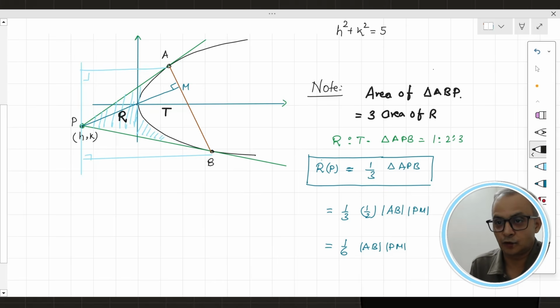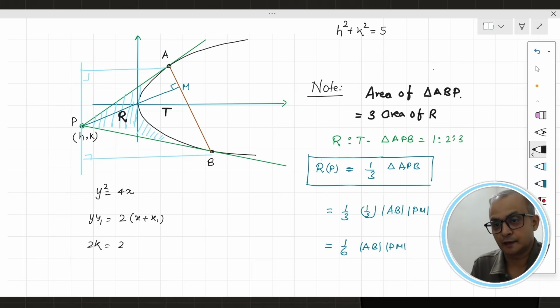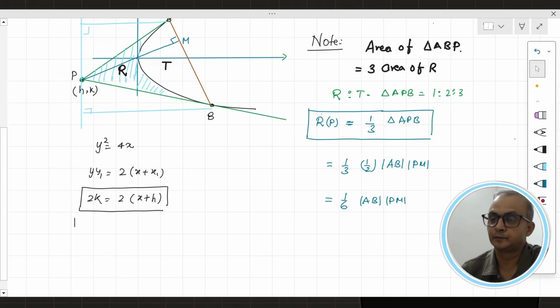The equation was y square is equal to 4x. So what I write? y1 and 2 times x plus x1. And that is going to be 2k and twice of x plus h. So this is the chord of contact we got. This is the equation of AB.